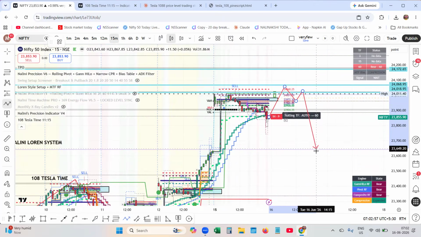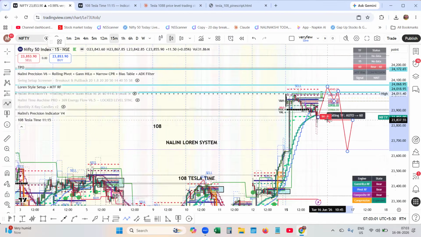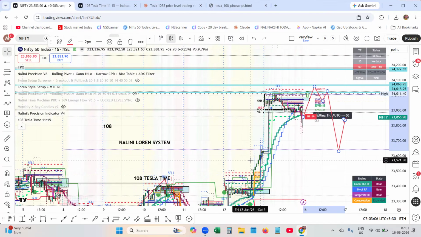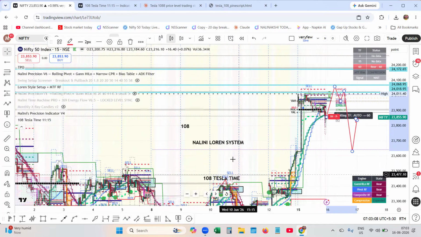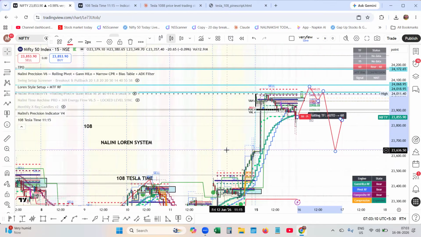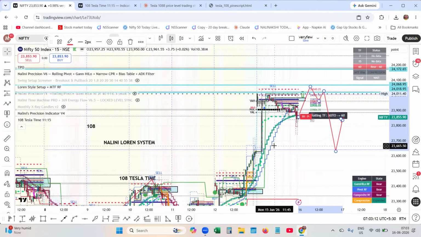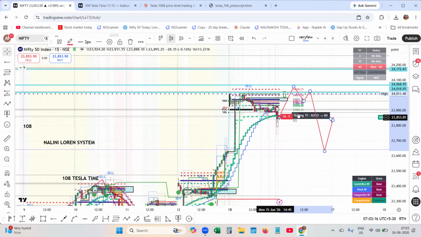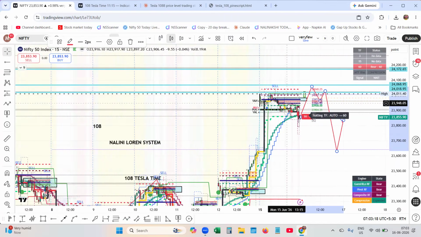It may take some breather and then make an attempt. Suppose it starts coming down, this is the midpoint. If it starts coming down, then weakness will come into the market. So today is a very crucial day.